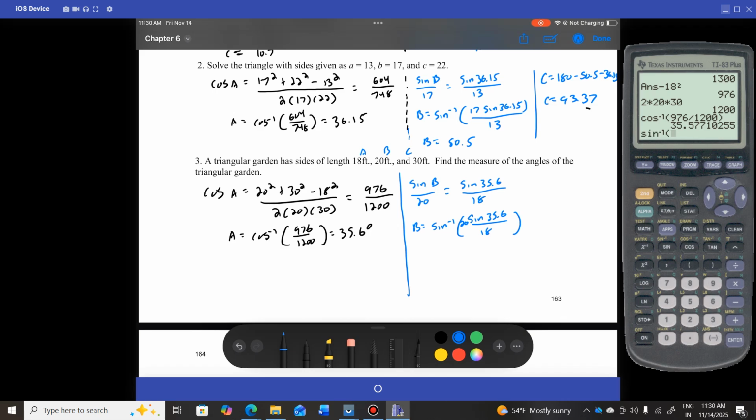So inverse sine of 20 times sine 35.6 divided by 18. We get 40.3. And then angle C is 180 minus 40.3 minus 35.6. And we get 104.1.